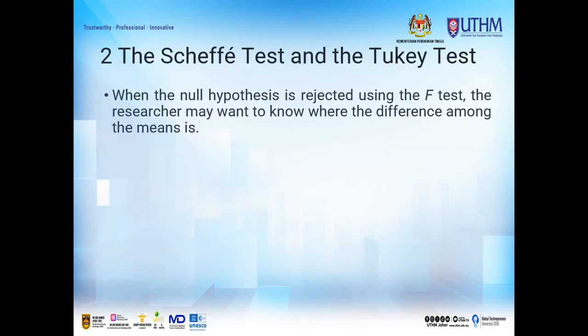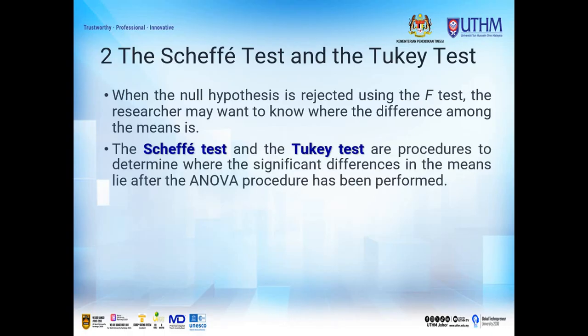But these two tests are basically to identify where the difference is among the samples. The Scheffé test and the Tukey test are procedures to determine where the significant differences in the means lie after the ANOVA procedure has been performed. This is what I explained just now.